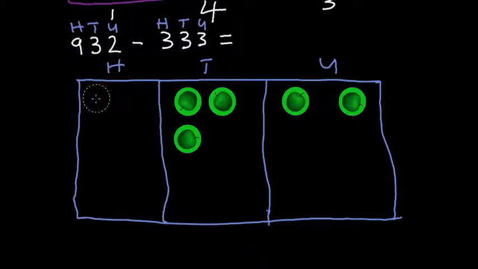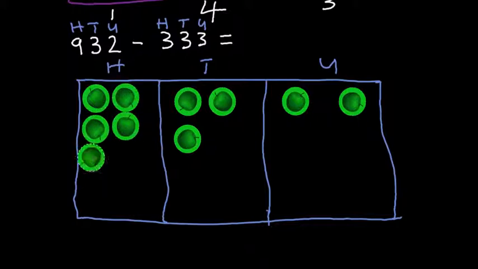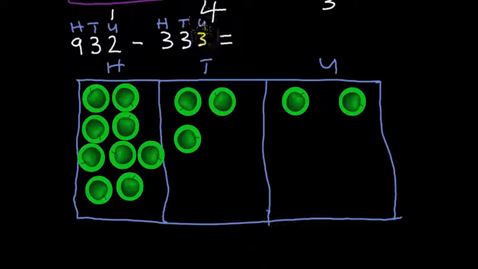Then 9 apples go into the hundreds column: 1, 2, 3, 4, 5, 6, 7, 8, and 9. Okay. Let's subtract 3 from the units column: 1, 2. Oh, we don't have enough.